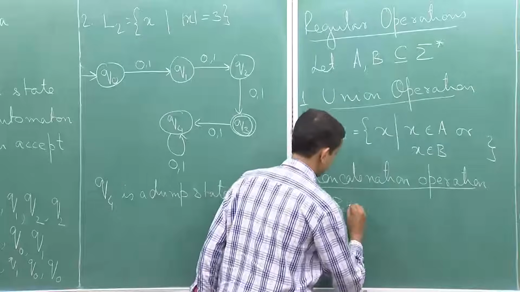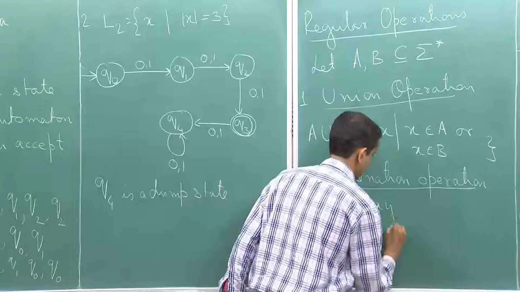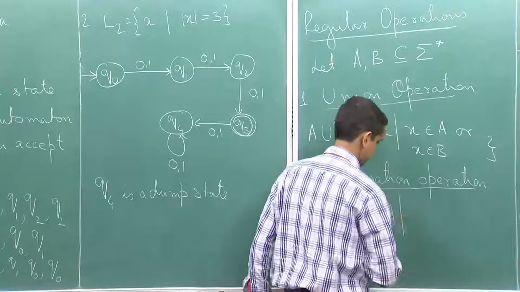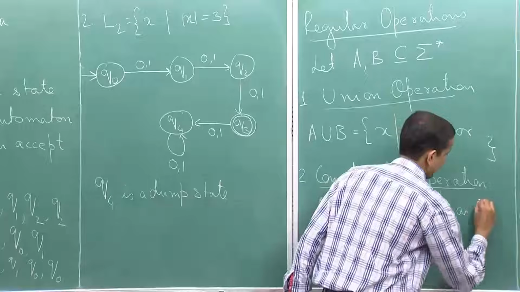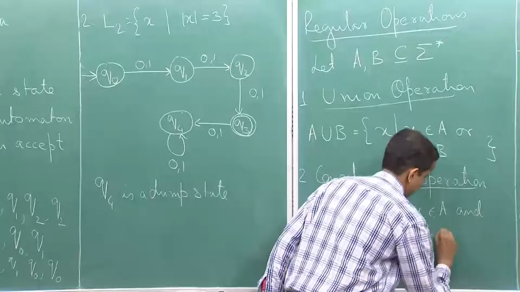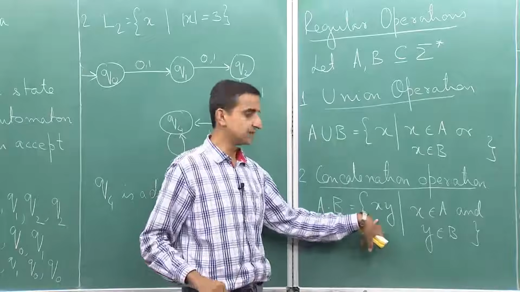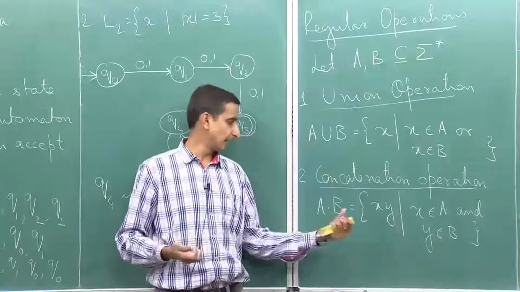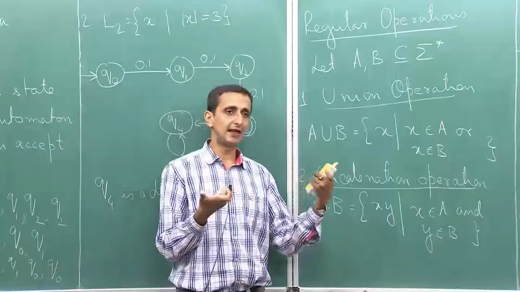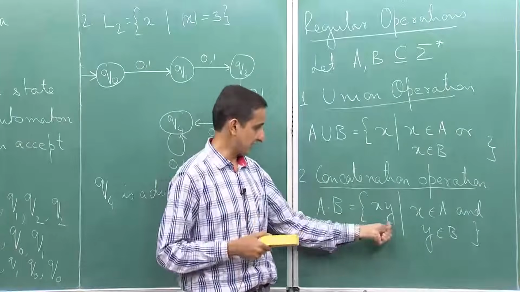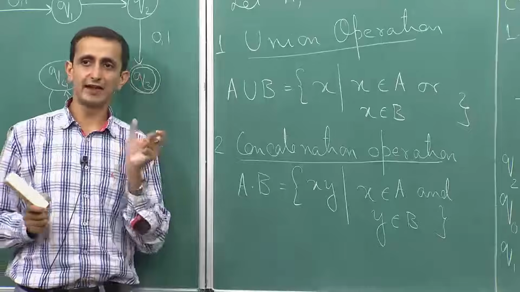A dot B is the set of all strings of the form x y such that x belongs to A and y belongs to B. Okay. So, this operation is the concatenation operation where I take two strings x and y and I append one to the end of the other string. So, here x y means that x comes first and then y is appended to the end of x.